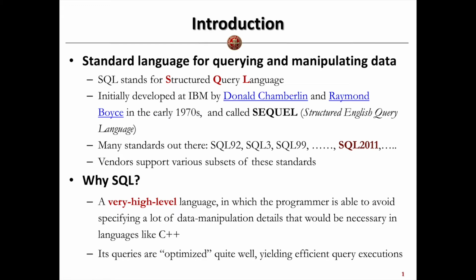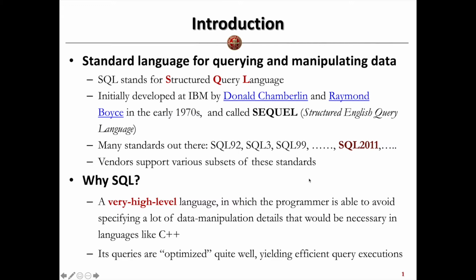There actually exist different versions of SQL: SQL 92, SQL 3, SQL 99, and SQL 2011. The standards have been changing with time because we need to implement some new functions in SQL. It is still evolving, and we may have new versions of SQL as well.